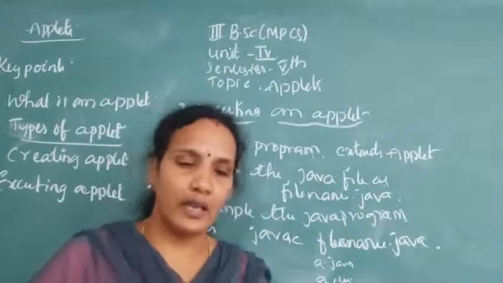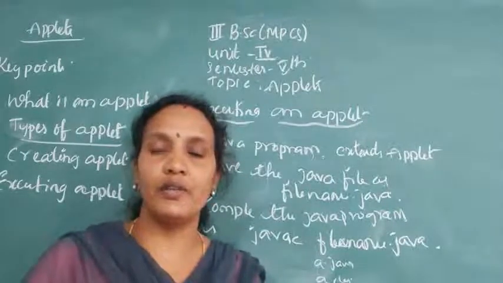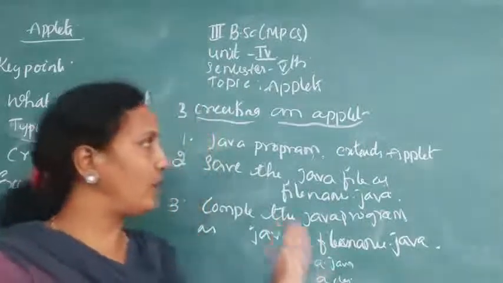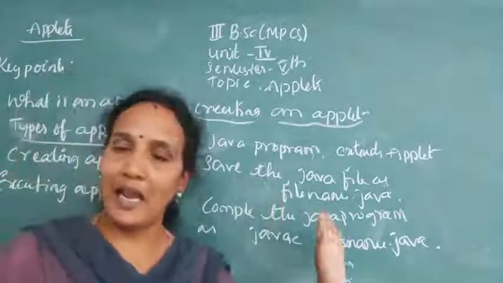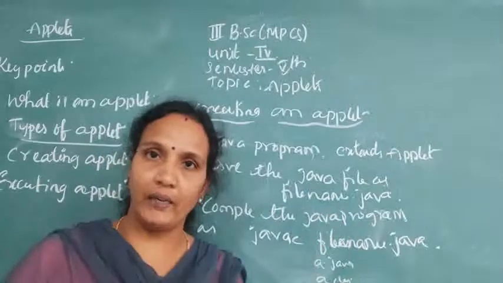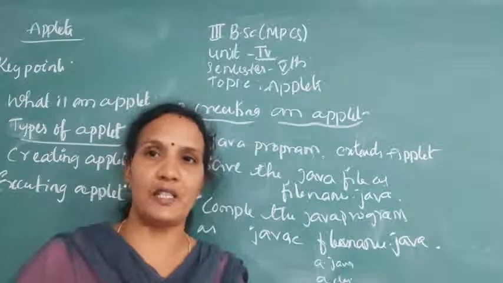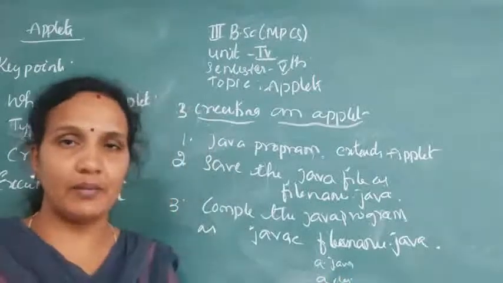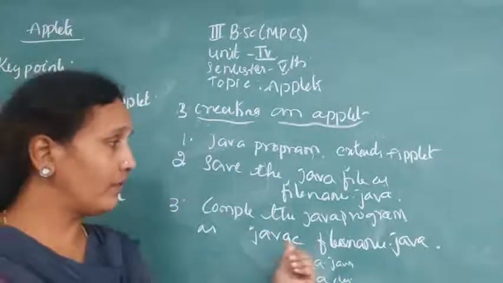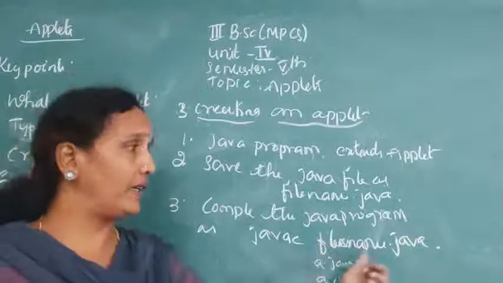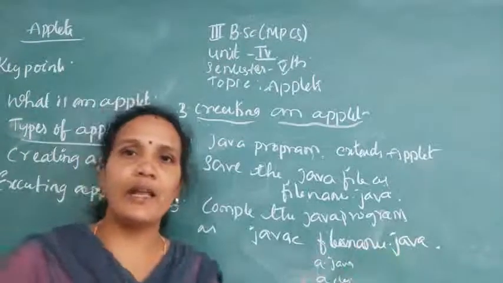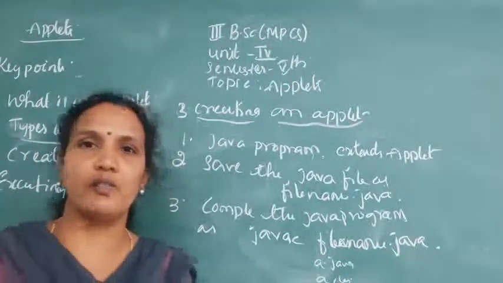Understood? See, as usual, how you did the Java program. In the same way, you open Notepad, write the applet program, save the file, and compile the program. I think you all know how to compile the program using the javac compiler: javac file name.java. If there are errors, a number of errors will be displayed.